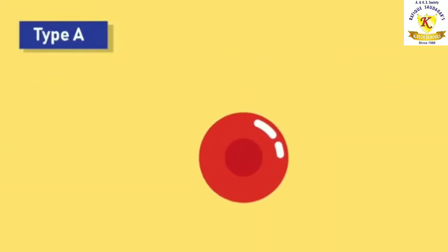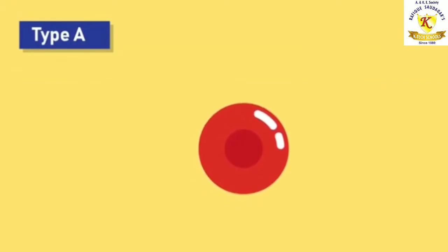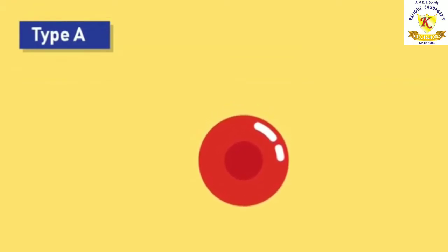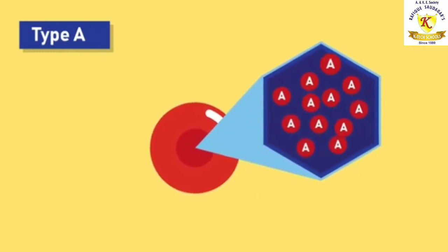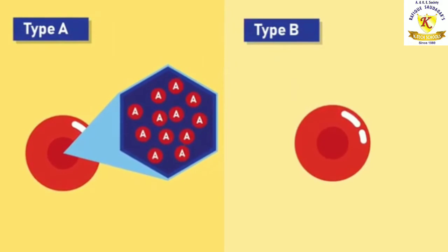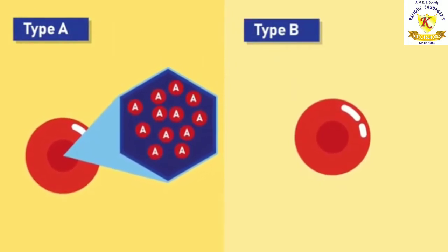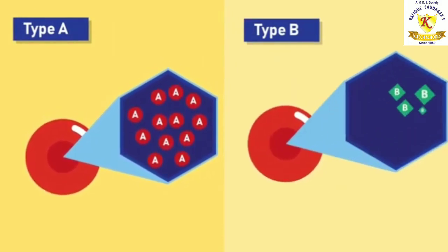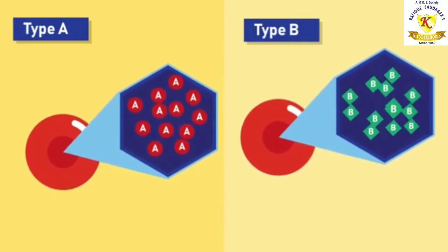Now let's study blood type A. If the red blood cells have only A molecules on them, it is type A blood group. Blood type B: if the red blood cells have only B molecules on them.